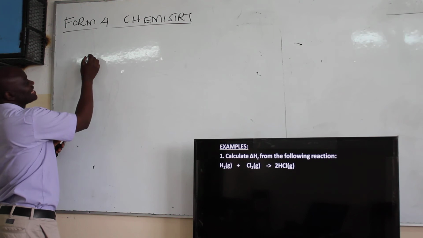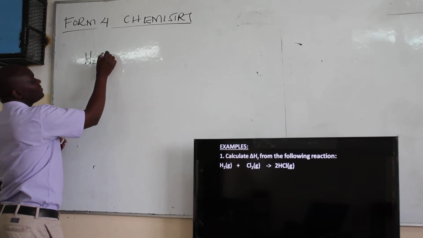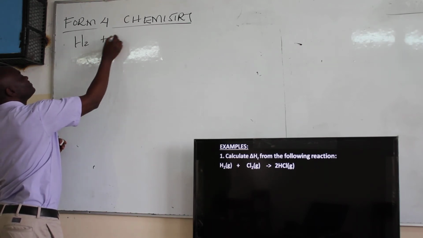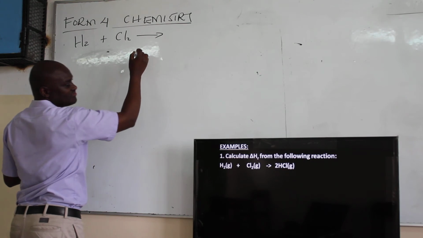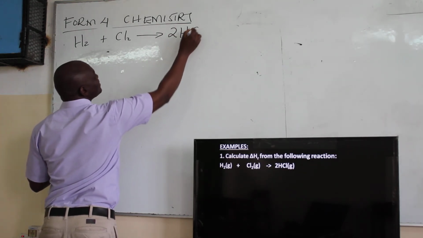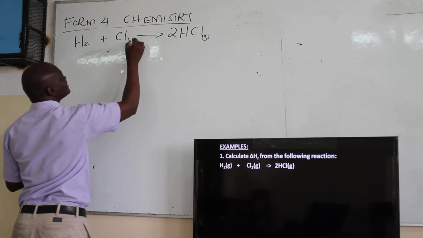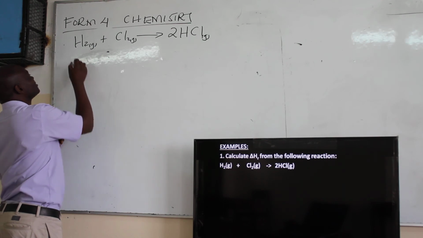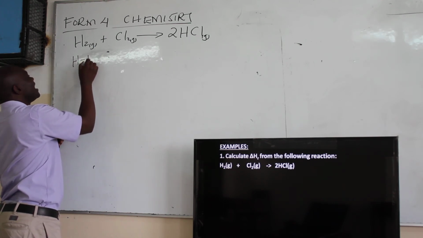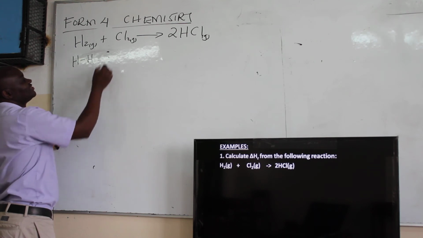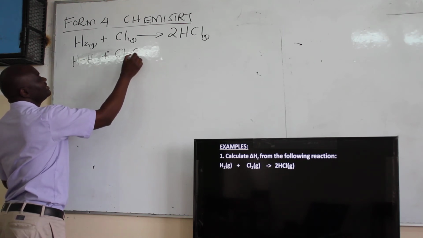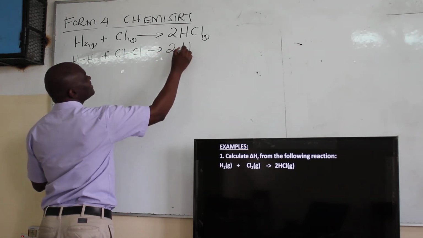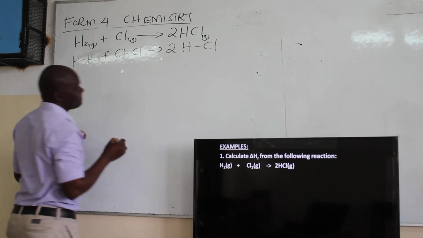The reaction is hydrogen plus chlorine to give hydrogen chloride gas. The first thing is to identify the bonds present. The bonds present are the hydrogen-hydrogen bond plus the chlorine-chlorine single bond to give 2 hydrogen chloride.